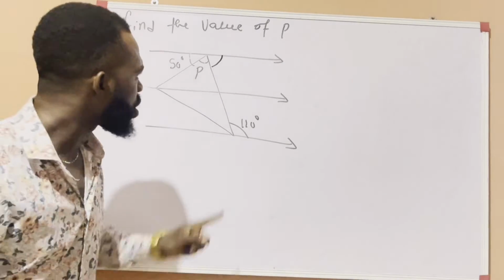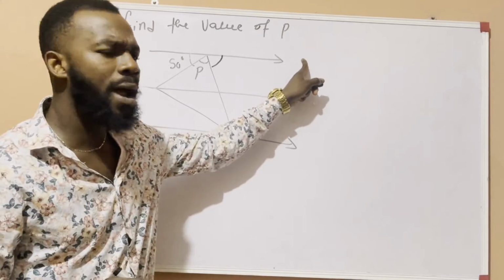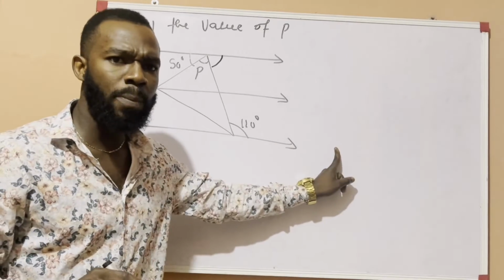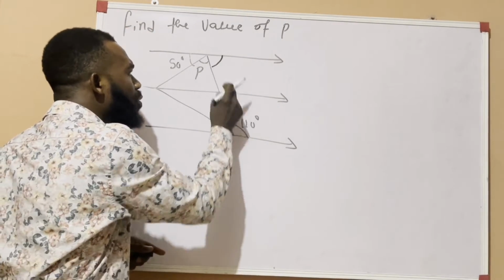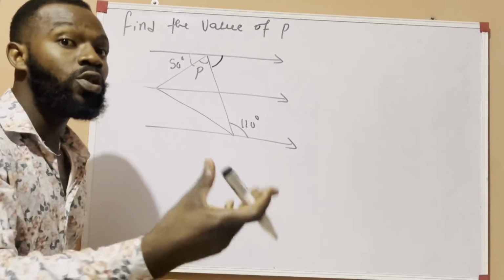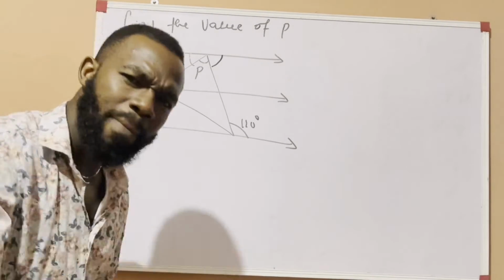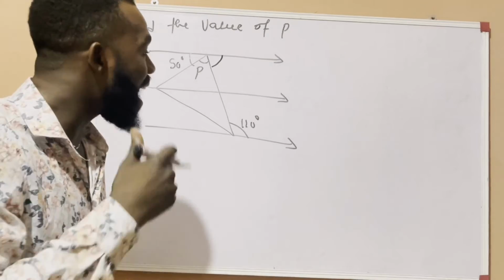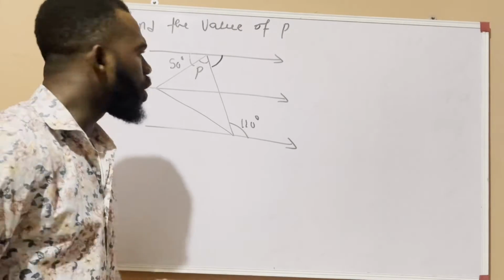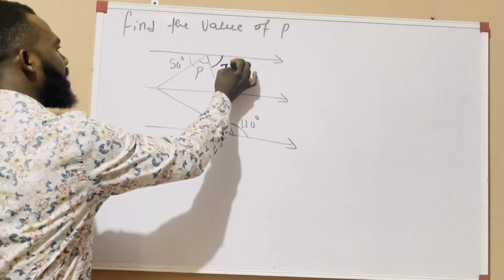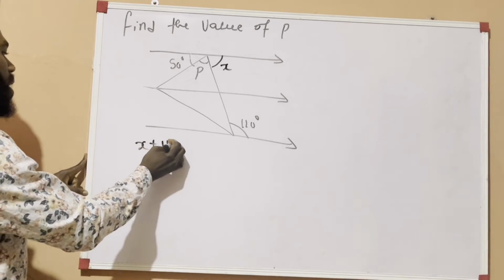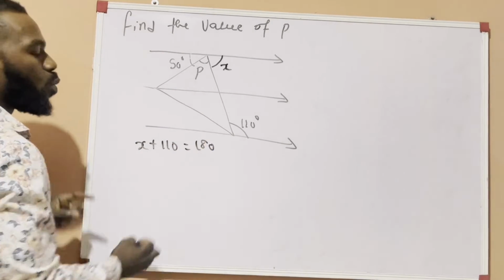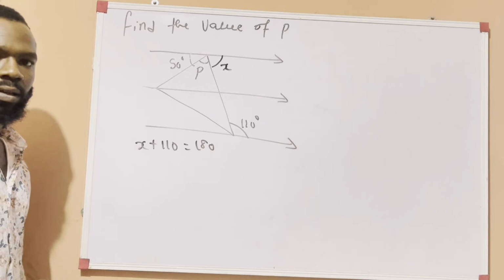And now, class, watch. This line is a parallel line. This line is also a parallel line. And we said that co-interior angles of parallel lines, according to the rule that was given, are what? Supplementary. That is to say, they are added up to 180 degrees. So if, for instance, we say here the x, it simply means x plus 110 is equal to what? 180 degrees.